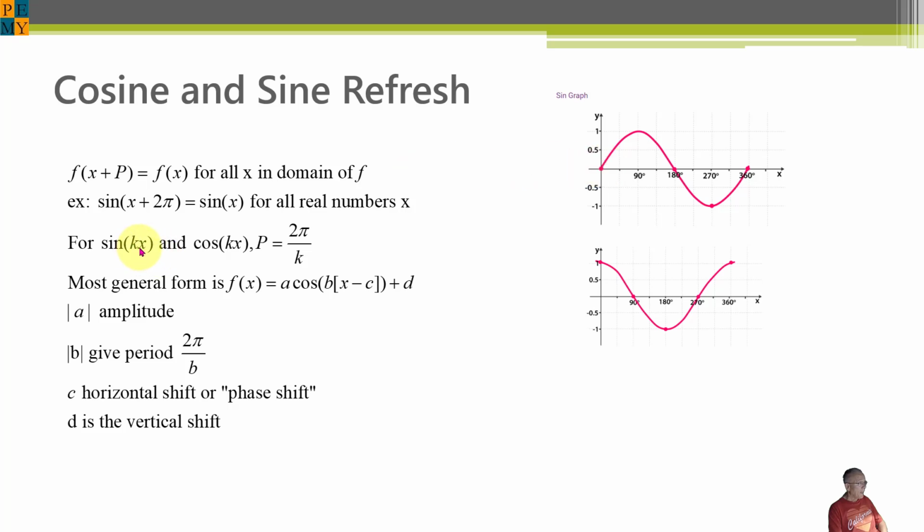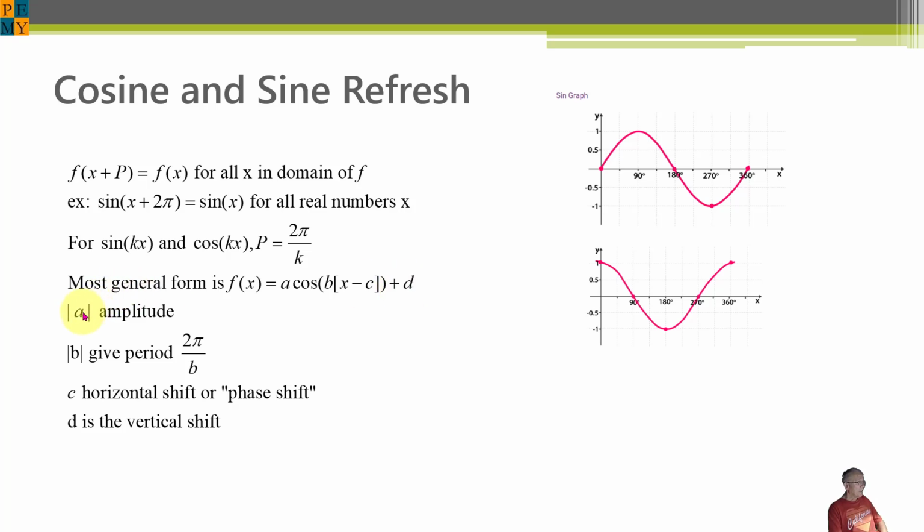For sine of kx, we can find the period by taking 2 pi divided by k. That's found by setting kx equal to the period 2 pi and solving for x. The most general form of, for example, the cosine function is to write it this way: a constant a times a cosine of another constant b times x minus a third constant c, and finally adding the constant d.